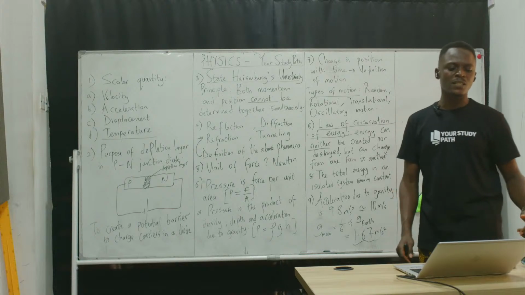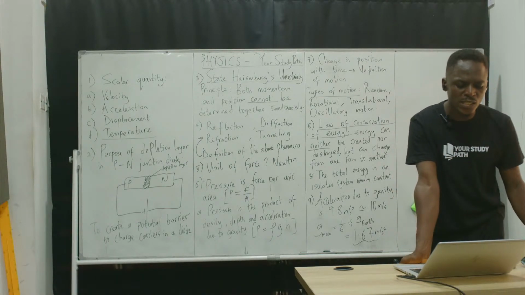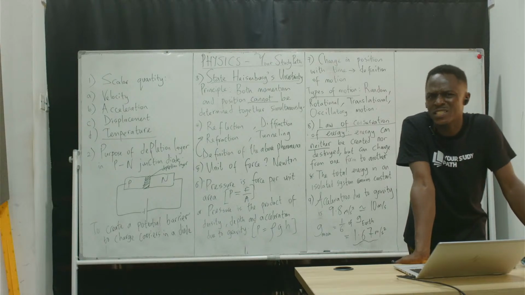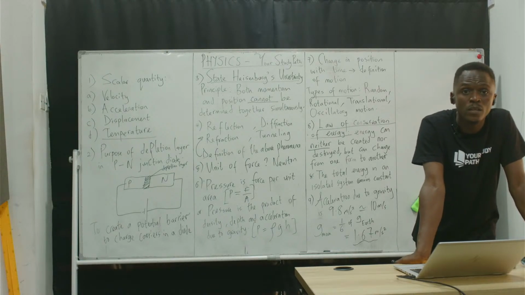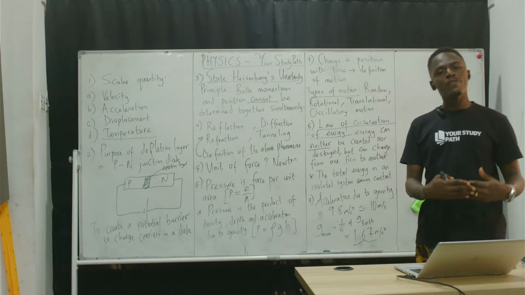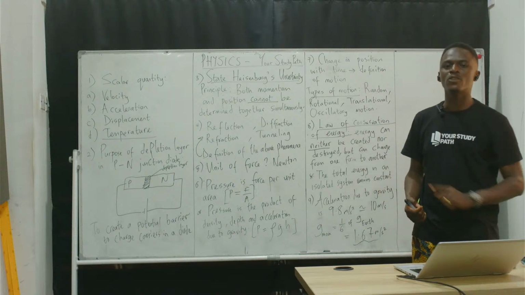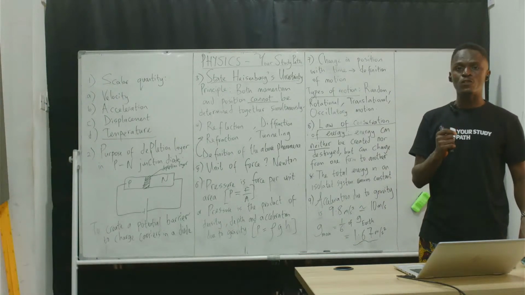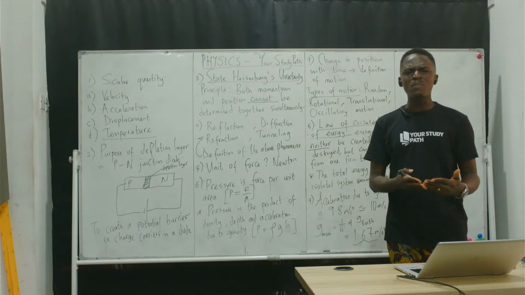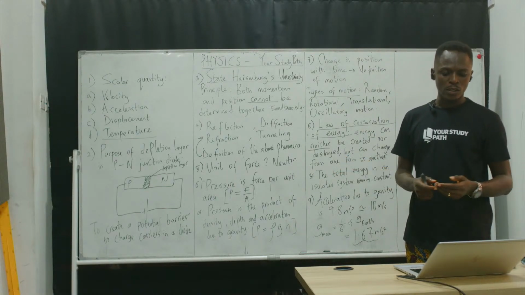Because the question is asking which of the following statements is actually true about wave? Can you easily say that wave cannot transfer energy? Is that a correct statement about wave? You agree with me that that is never true, because wave involves the transfer of energy. You cannot remove that from the definition. Wave is the transfer of what? Energy. So a statement saying that wave cannot transfer energy is definitely wrong.